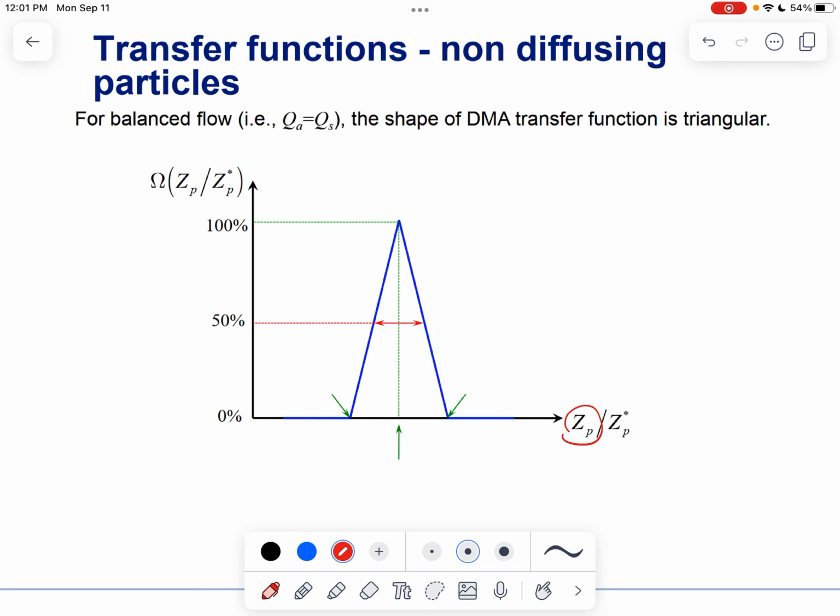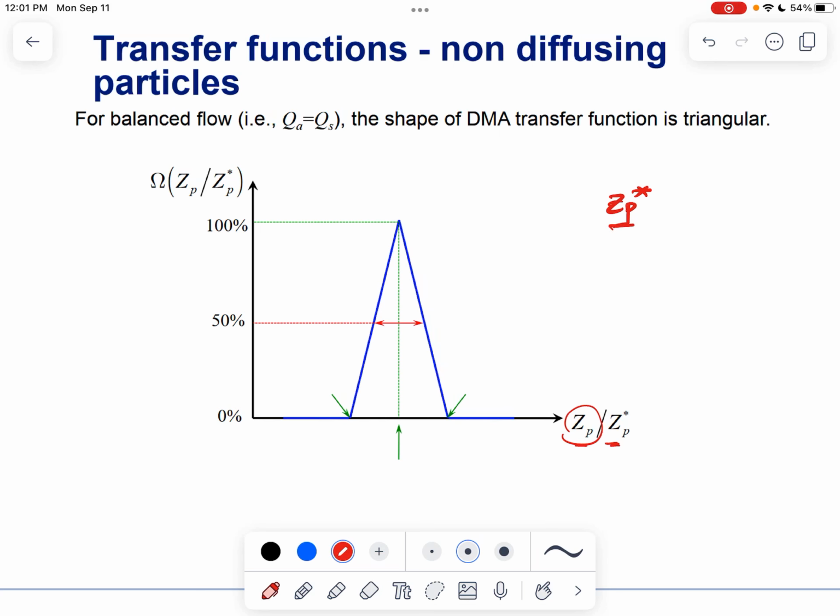As we have shown here, we could show the transfer function as a function of Zp, but there's also an easier way where you just divide Zp by the centroid, or this perfect mobility. This perfect mobility, Zp star, also depends on what size of particles you're talking about.